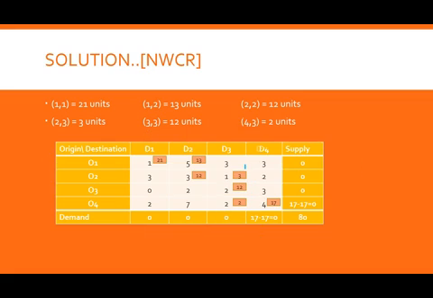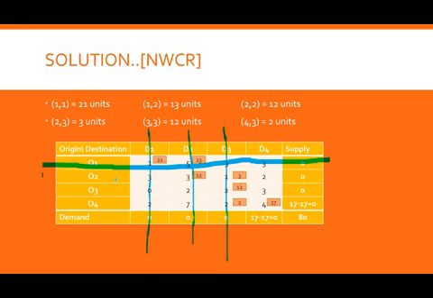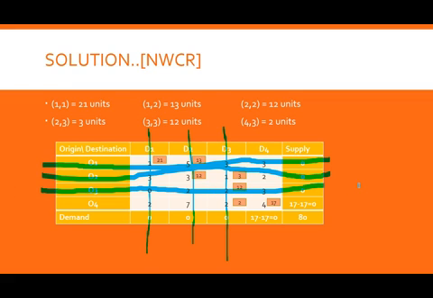So 4, 3, 2 units. The first, second and third columns, and the first, second and third rows are gone. I am left with a single cell. Whenever a single cell is left, I have already told you the supply and demand would match. So 17, 17, satisfying 17 units. The last column and the last row both will go.